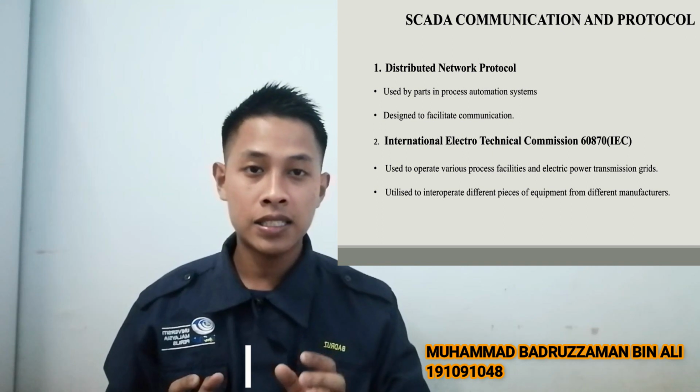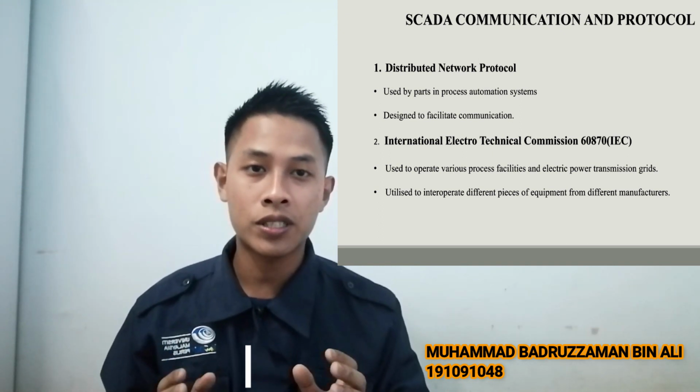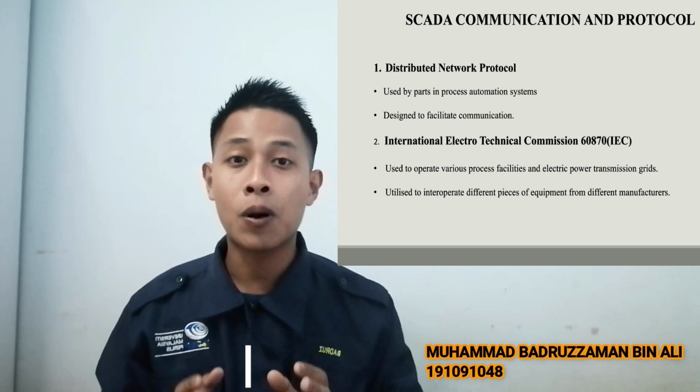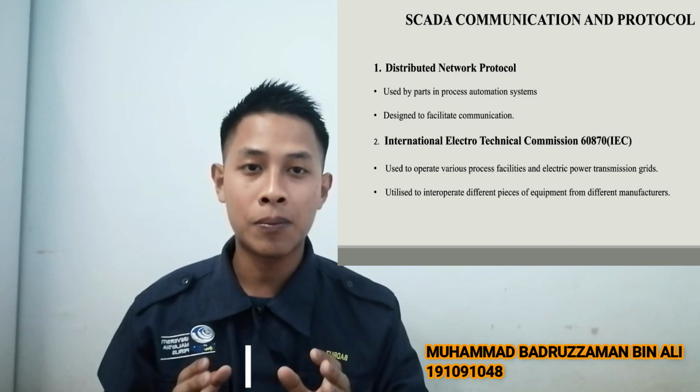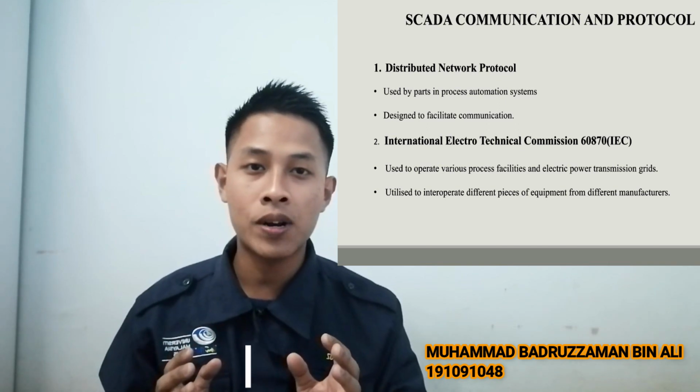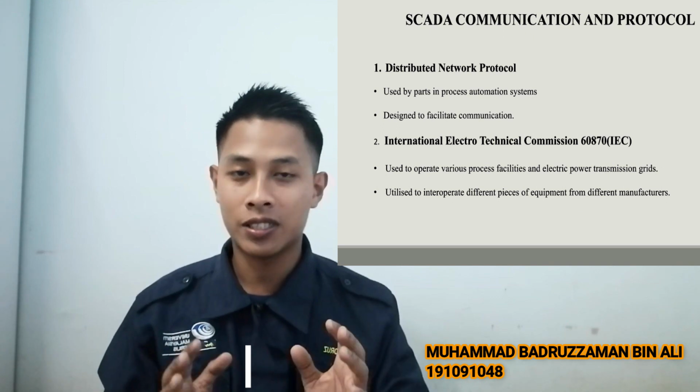Next, IEC Standard 60870. IEC Standard 60870 is frequently used to operate various process facilities and electric power transmission grids. Through established protocols, this standard can be utilized to interoperate different pieces of equipment from different manufacturers.